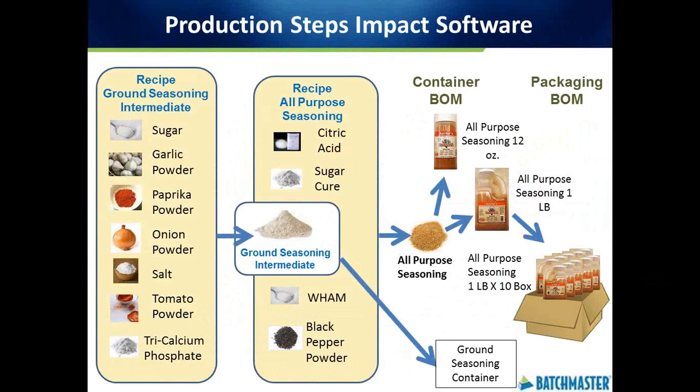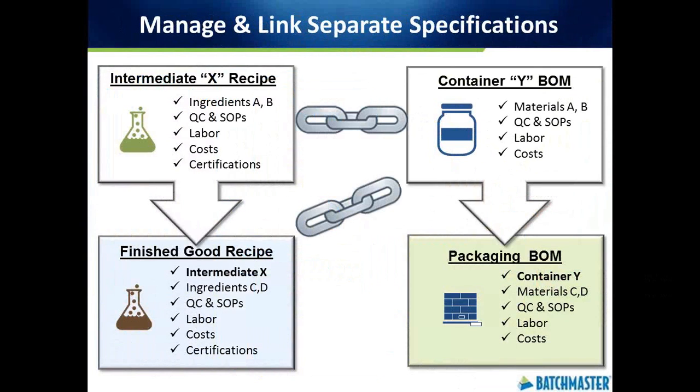Now, an example here: we're using all-purpose seasoning, and we're showing the hierarchy, if you will, of a recipe of a base or intermediate, which feeds an all-purpose seasoning, which then is packaged in a number of packaging configurations. So how does the software architecture support that type of multi-level bill of material? The way it does it is by creating individual intermediate recipes and finished good recipes, which are then linked to container and packaging bills of material.